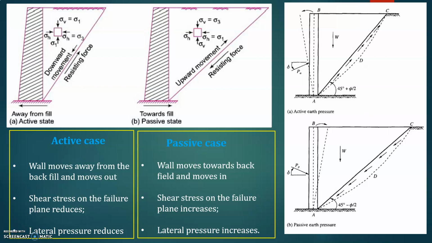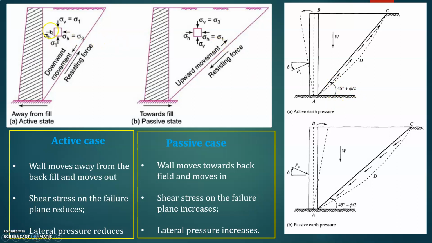On the other hand, if the wall is rough, the earth pressure acts at an angle delta to the normal to the wall. So this is the vertical force, and here this is the active pressure developed, and this is the angle 45 plus phi by 2. So this is about the active case.